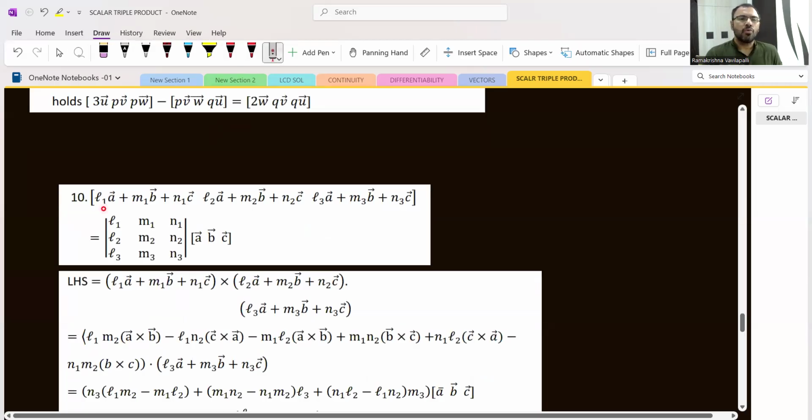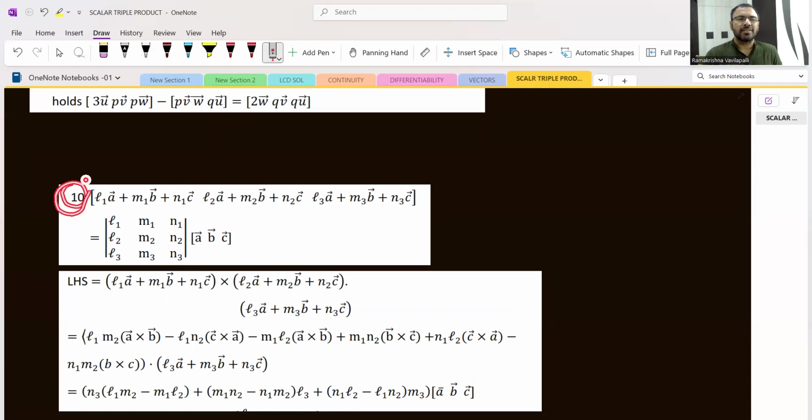And one more important concept I am going to explain. That is box of linear combination of vectors. So what is this box of linear combination of vectors? First vector is L1 A bar plus M1 B bar plus N1 C bar.